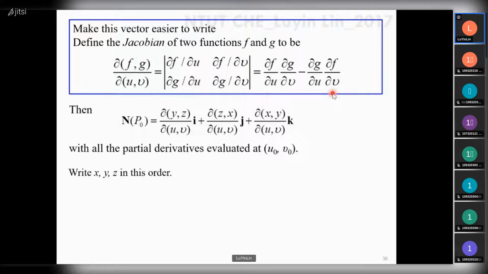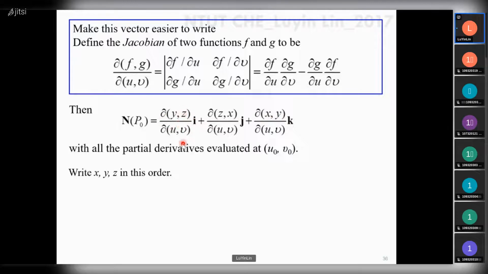We will have an example later that will be easier to understand. And also, how to memorize this: i, j, k mean the directions of x, y, z, right?